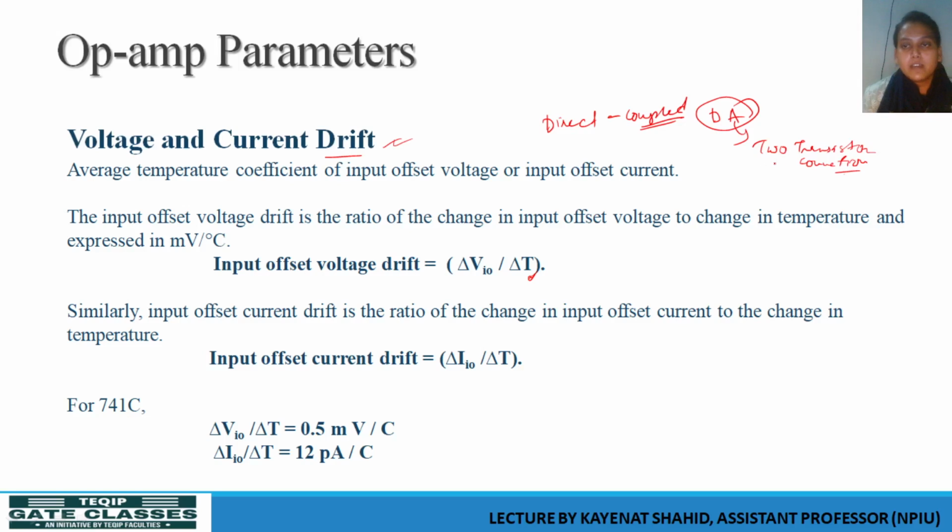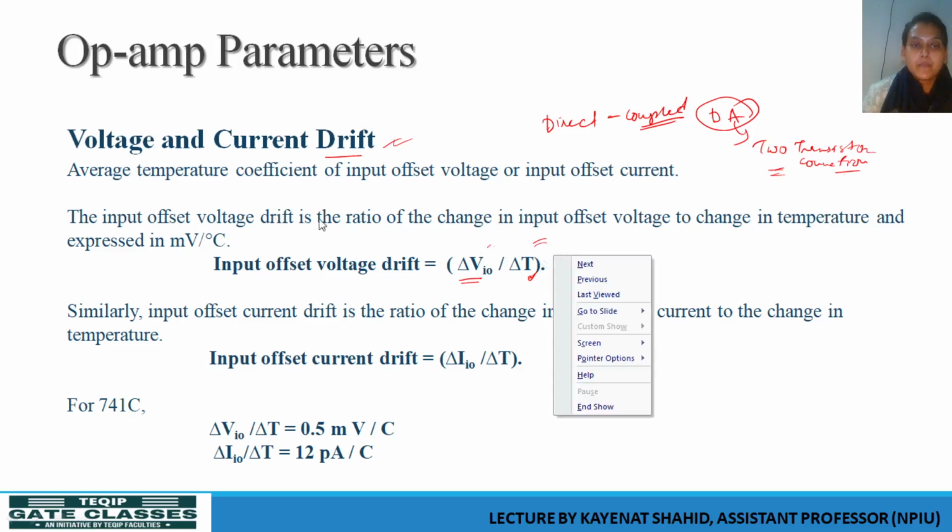So at higher frequency and certain temperature, due to some internal capacitances and internal properties of the transistor, the values will change. The input offset voltage, as we know, depends on the mismatch of the transistors, and it gets affected by the change in temperature.